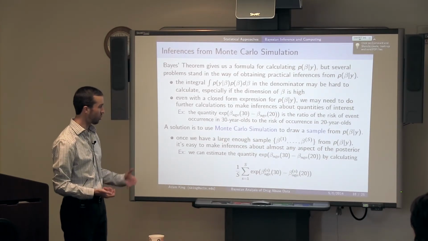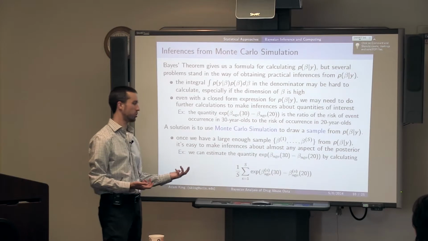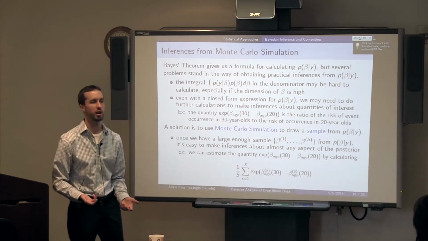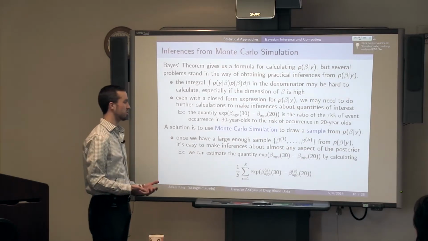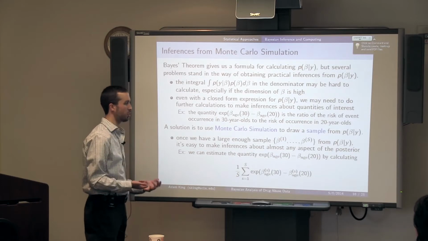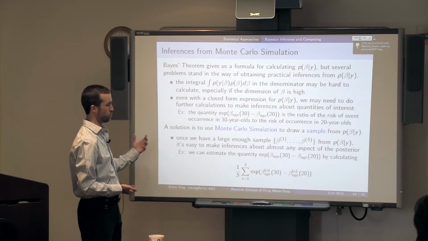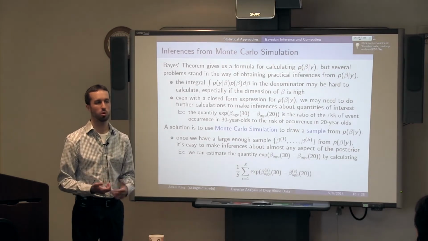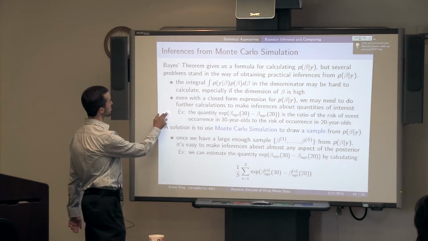And so once I have a sample from the posterior distribution, I can make inferences about things doing calculations that you could almost do by hand. So this sort of means that if we want to make inferences in very complicated statistical models, if we're doing it in a Bayesian way, what we really need is to get a sample from the posterior distribution.